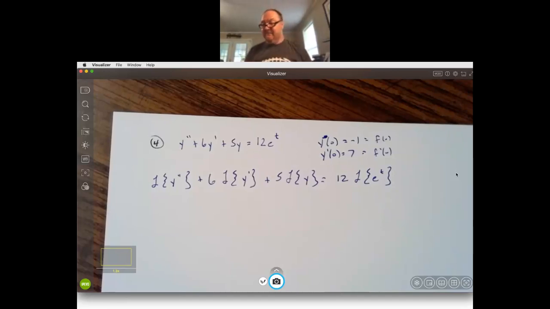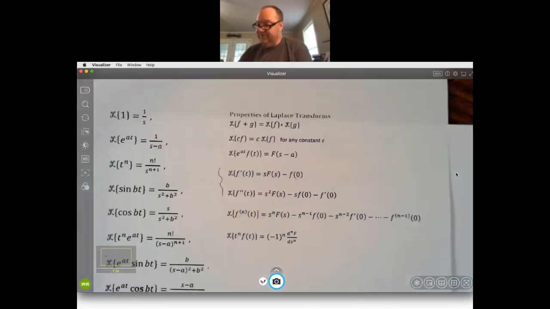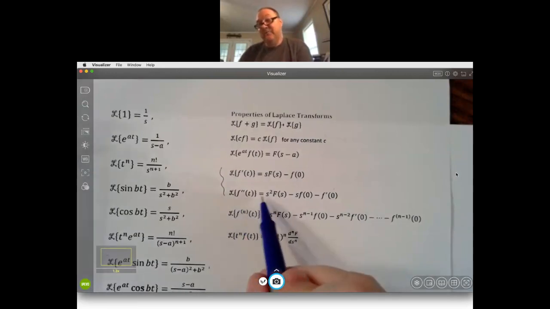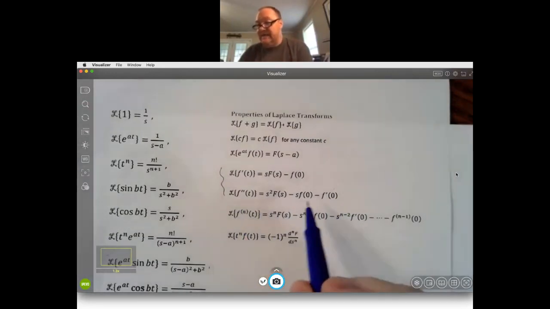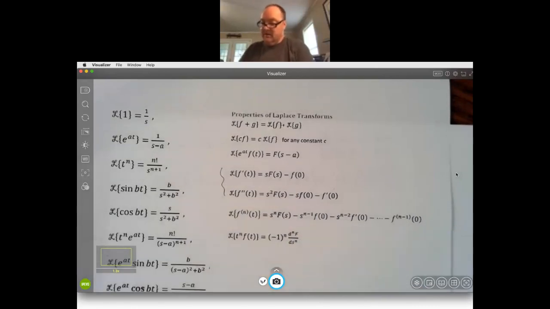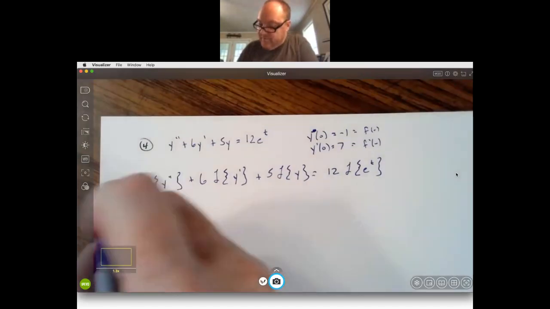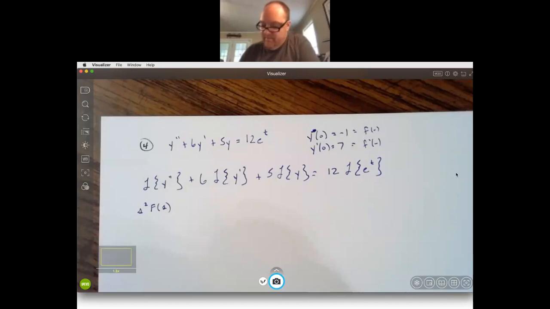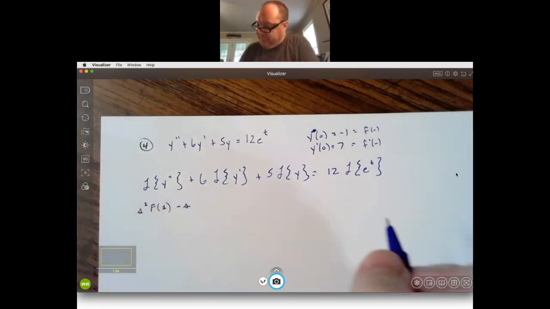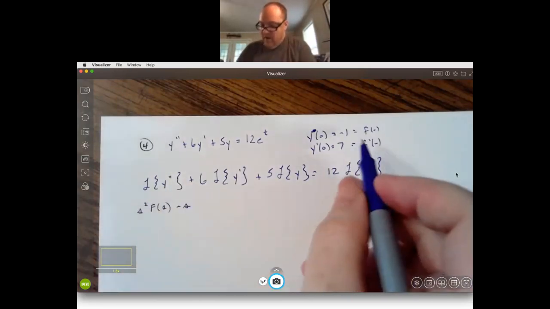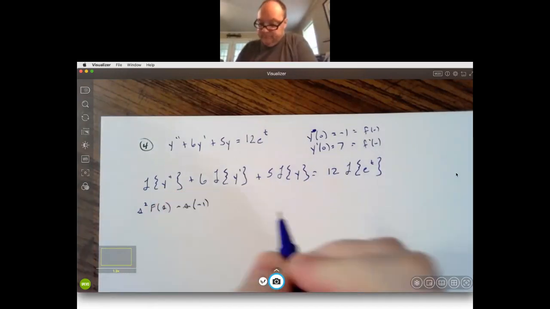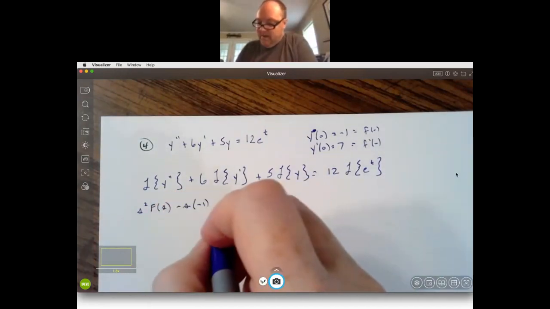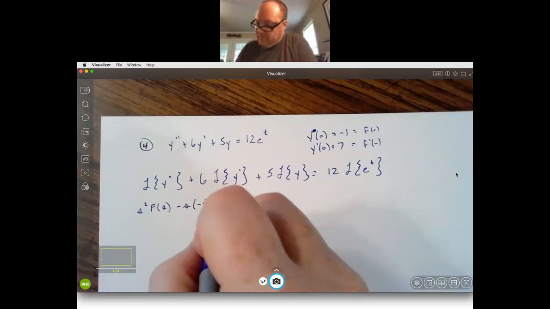All right, and for y double prime, I'm still going to use the same formula, but as we do it this time, I'm going to go ahead and substitute in for f of 0 and f prime of 0. So I have s squared, big F of s, minus s times f of 0, which was -1, minus f prime of 0, which was 7.